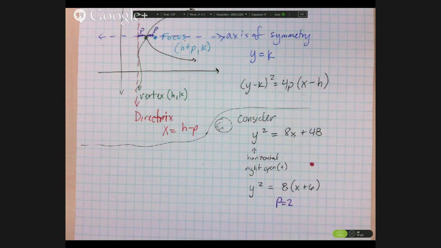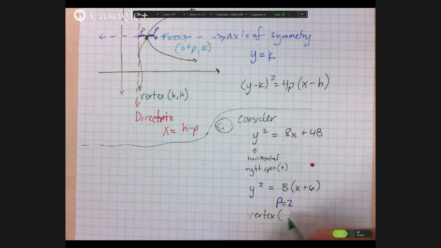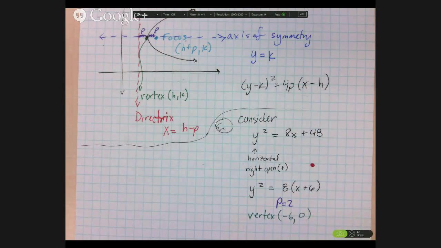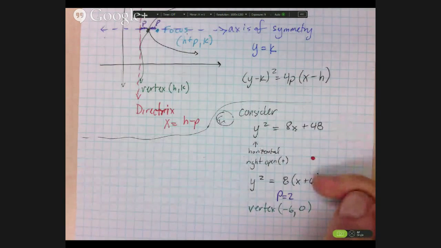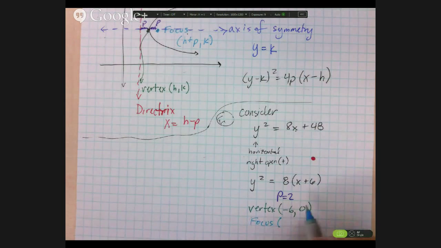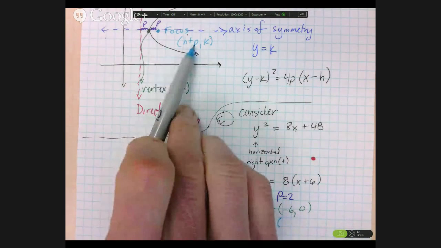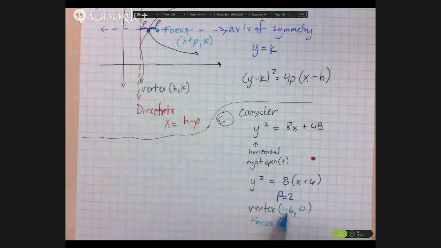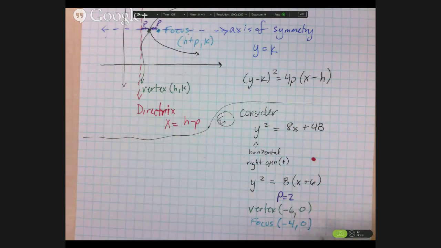What's the vertex then? I'll give you the 0. -6. There you go. Because it's x minus h, so if it's positive, you have the opposite there. Focus. h plus p is? Nope, on these ones the x values are what's changing.